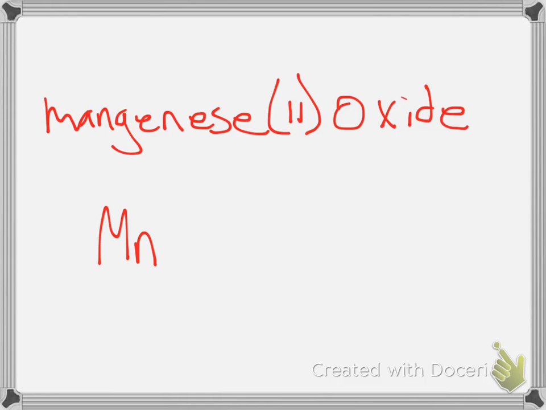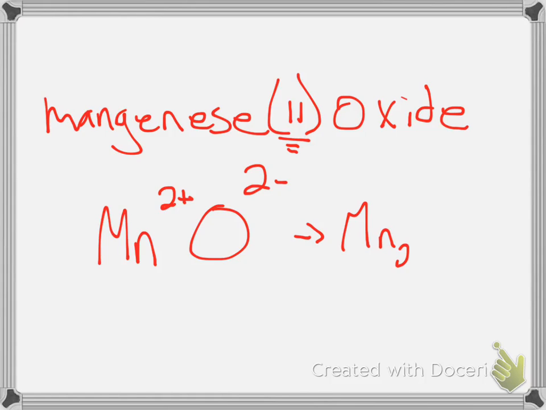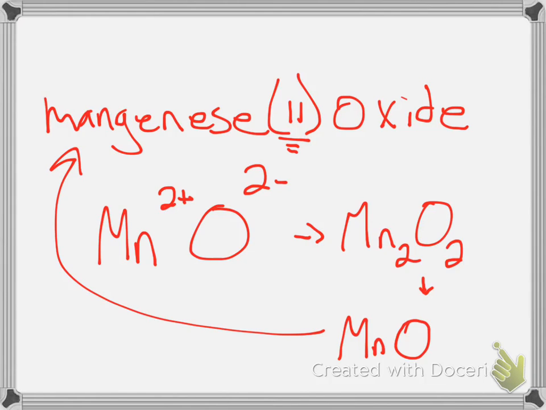You don't know what the charge is because it's a transition metal, so you have to refer to the Roman numerals. Mn is 2 plus. Oxygen is 2 minus. We crisscross them. What do you notice? The subscripts will be the same, right? Mn2O2. So what do you have to do? Reduce. So this is the formula for that compound.